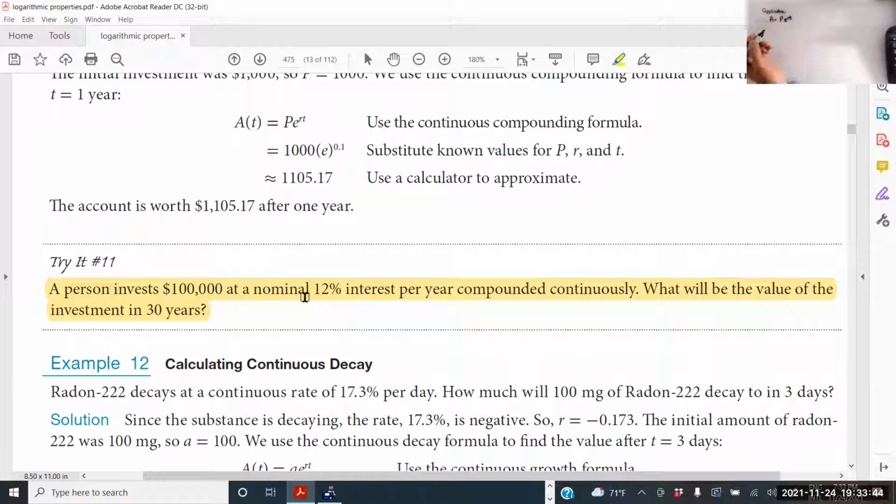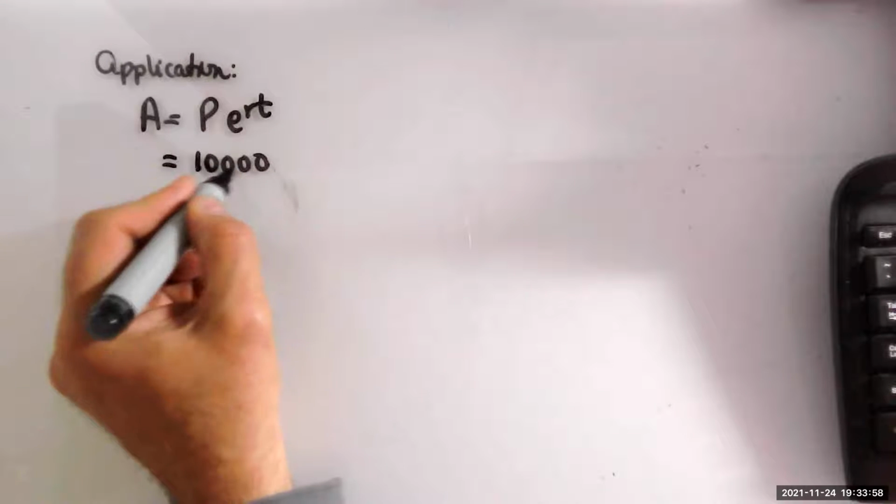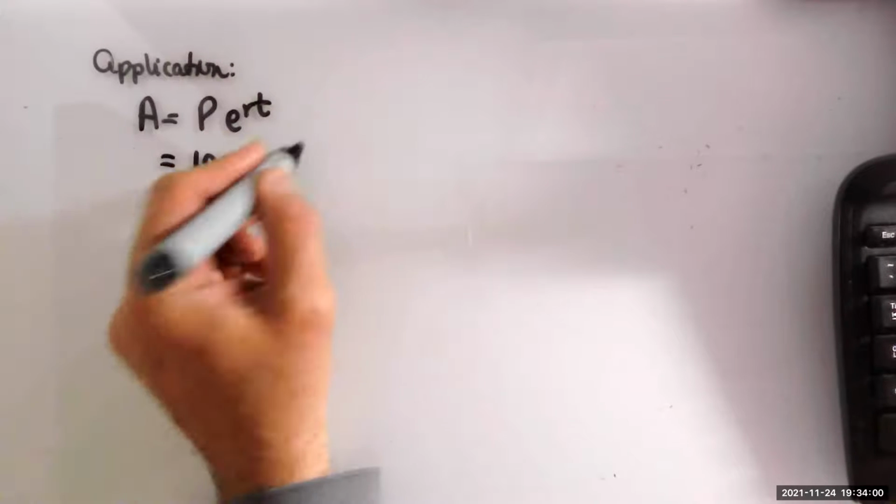Let me stop sharing. So what do we have now? We have the initial value will be $100,000. That would be e raised to the rate.